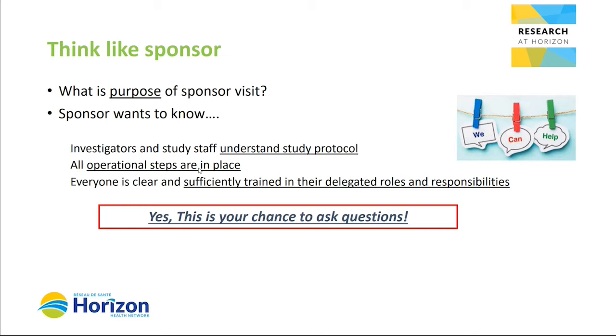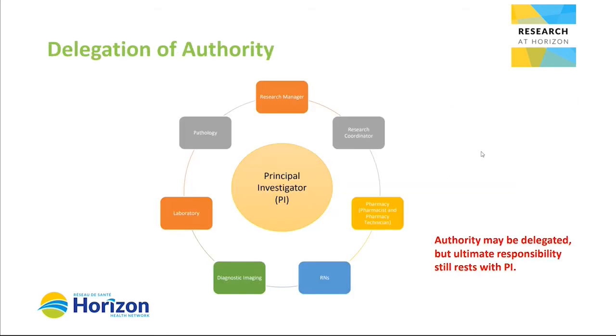The easiest way to explain this is obviously going through the delegation of authority log. The delegation of authority log is one of the essential documents in clinical research. In the log, the principal investigator delegates study-specific duties to different members of a research study team.